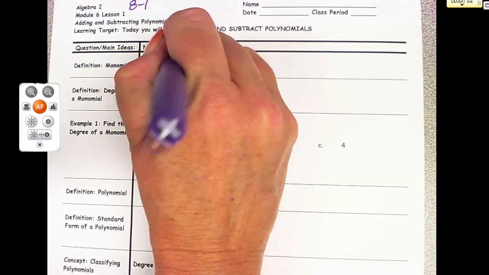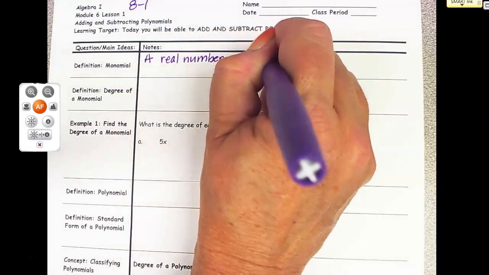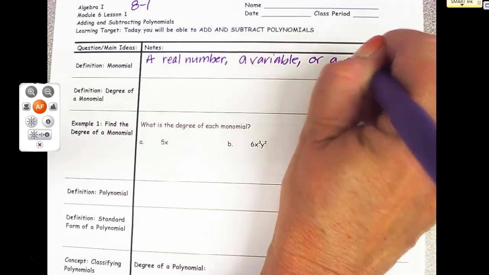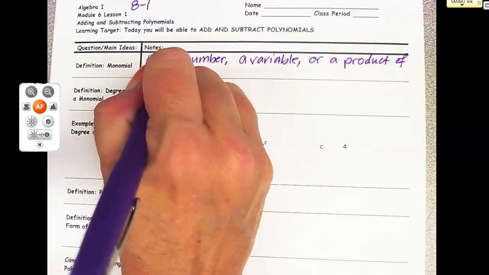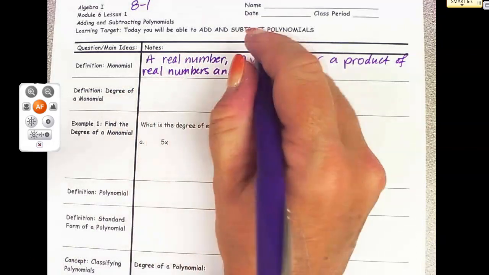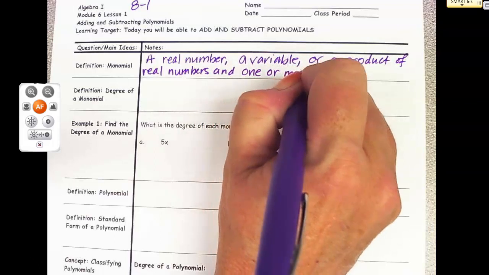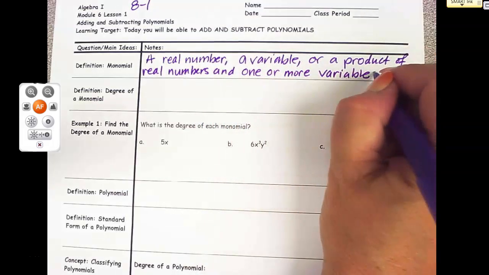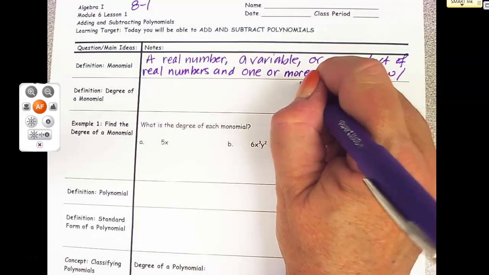A real number, a variable, or a product of real numbers and variables, and one or more variables, with, and we have to have whole number exponents.